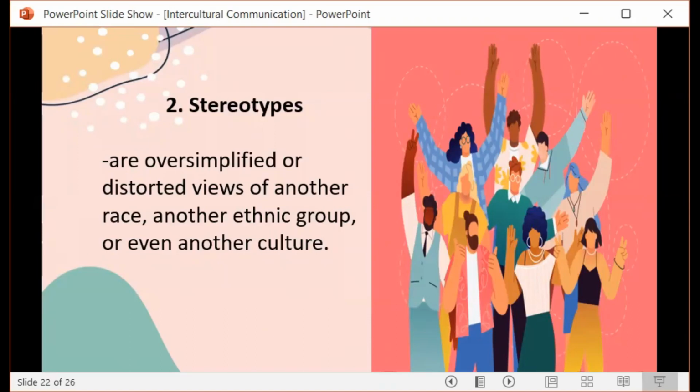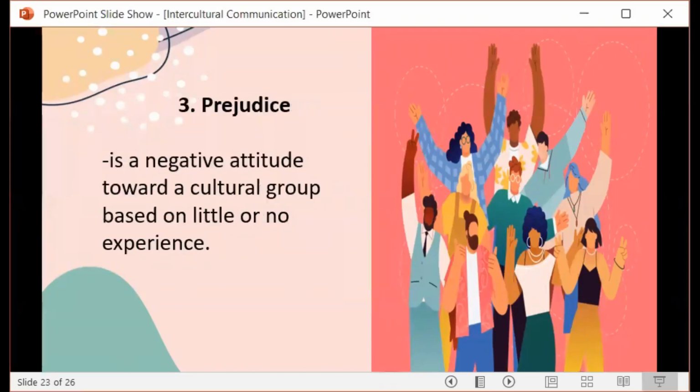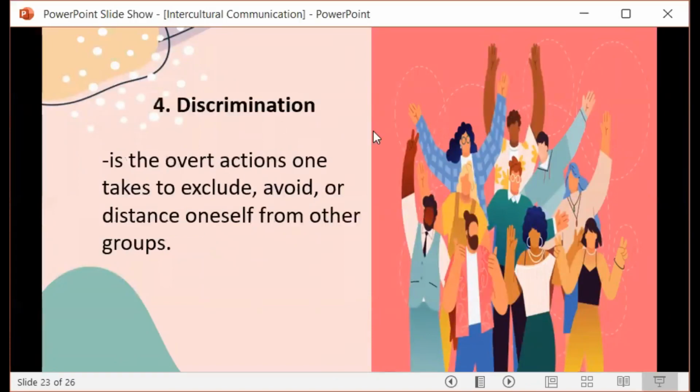Prejudice is another barrier to intercultural communication. Prejudice is a negative attitude toward a cultural group based on little or no experience at all. And of course, discrimination is also another barrier, which is the overt actions one takes to exclude, avoid, or distance oneself from other groups.